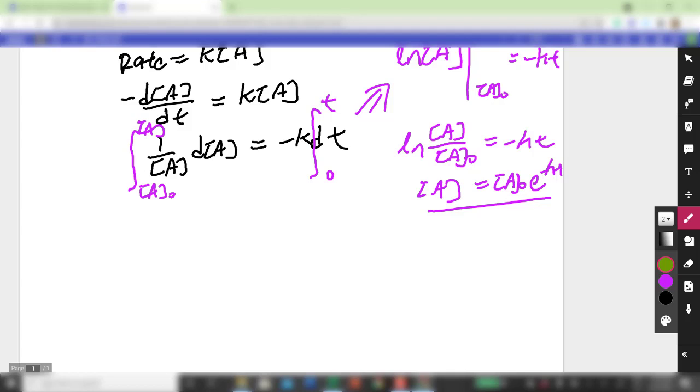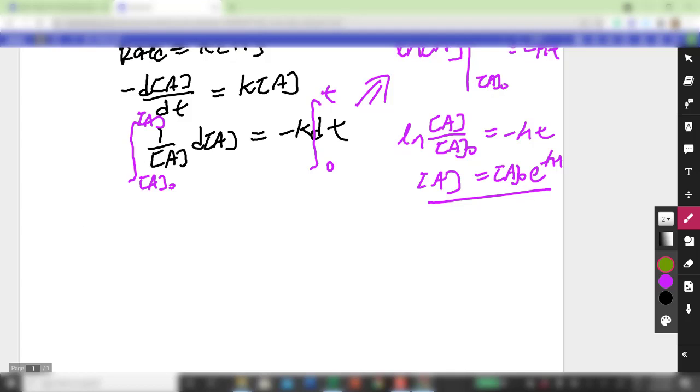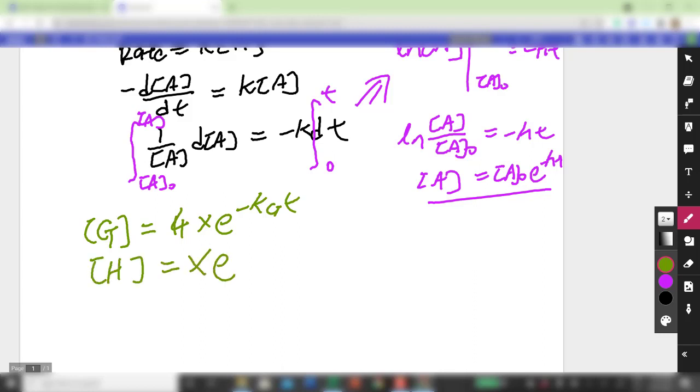First we look at G. The concentration of G is 4x e to the power minus kg t, and for H it is x e to the power minus kh t.